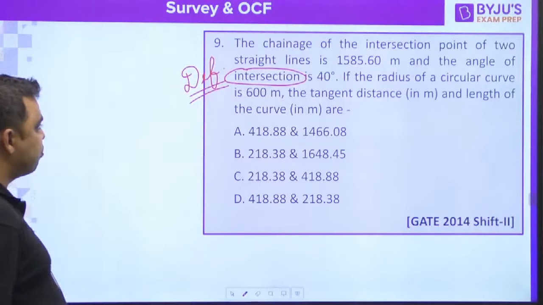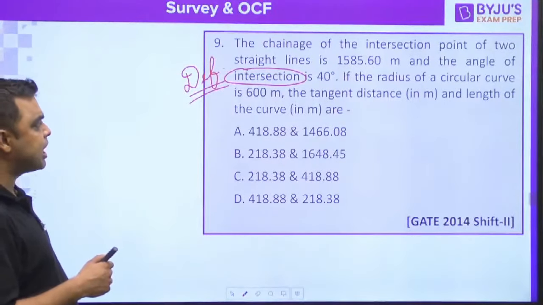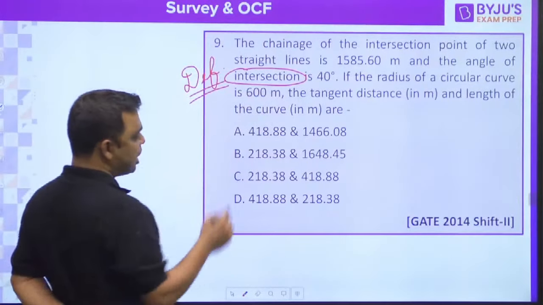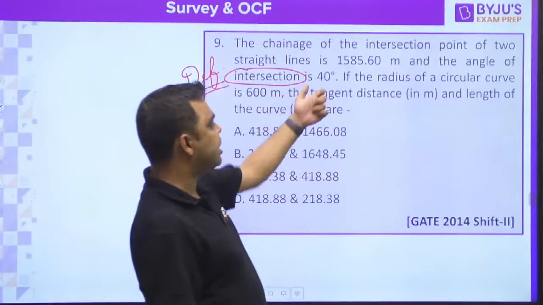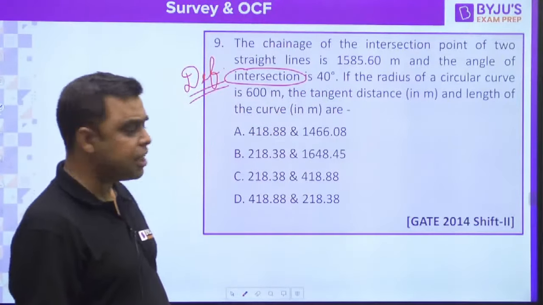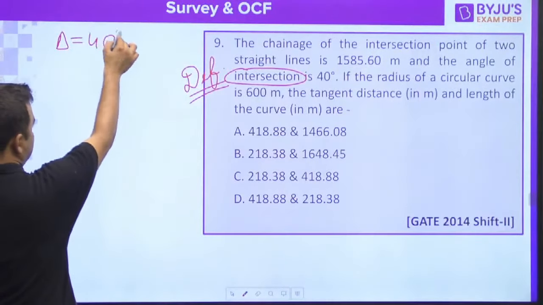So how to solve? Basically we need to determine the tangent distance. Basically this is the deflection angle. If you take it as intersection angle, the value has to be corrected. It has to be 140, right? So what is given? Delta is given as 40 degree.